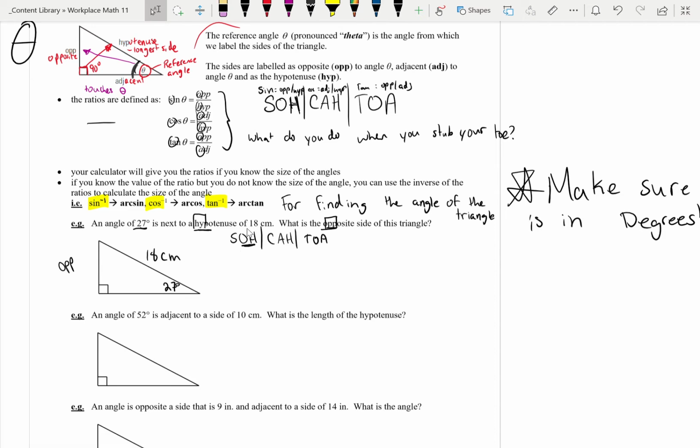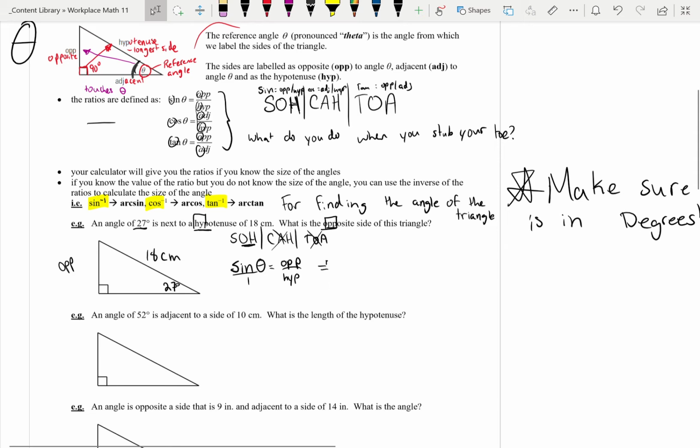Cos is adjacent over hypotenuse. Nope. Tan is opposite over adjacent. Nope. So I'm working with what the question gives me and what the question is asking me. So I have sine of theta is equal to opposite over hypotenuse. And I'm going to put it as sine over 1, because we have some moving around to do.